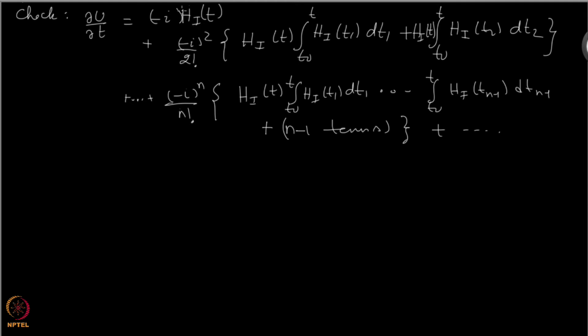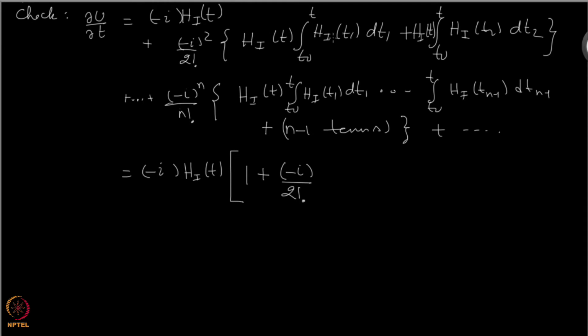Now you can pull out Hi of t from each of the terms. So I do that. I pull out minus i Hi of t, and I get the following. So this one gives me 1, this one gives me, so I have pulled out minus i, I have a 2 factorial here. Okay, and this is also pulled out.